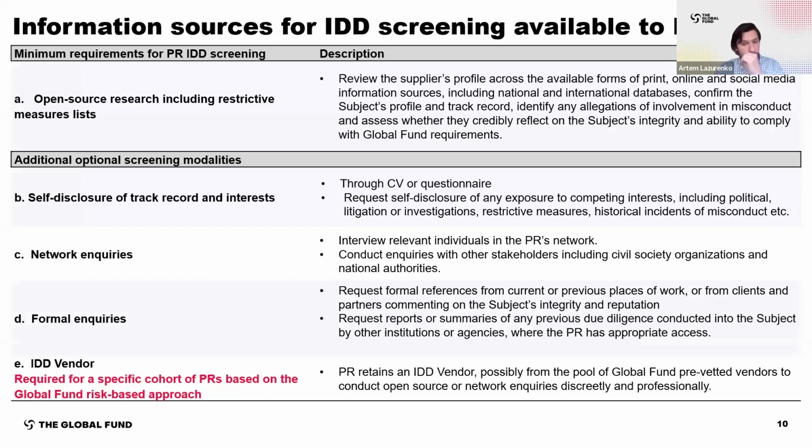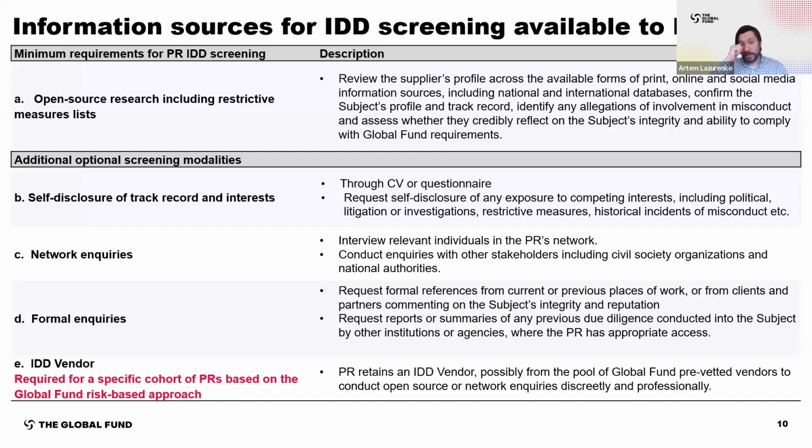In a self-disclosure, this is a chance for them to comment and describe how they have addressed these allegations, how they have matured their processes, and how the organization is now more protected against this kind of misconduct than it has been previously, perhaps. Or they can address the allegations as being unfounded, for example, as unfounded allegations also happen.